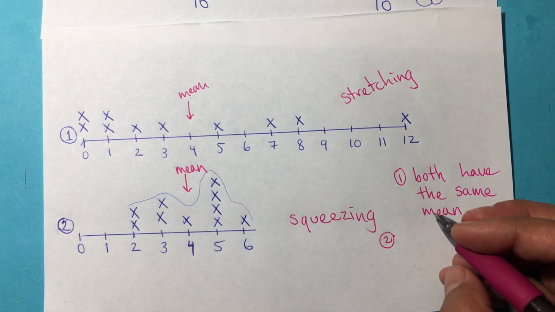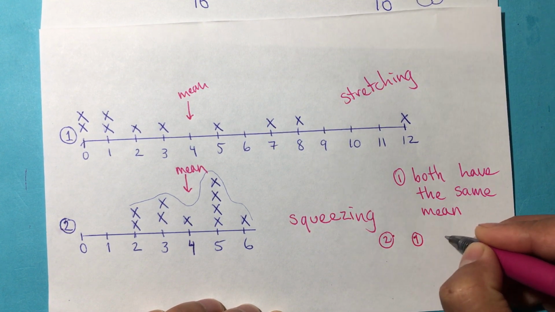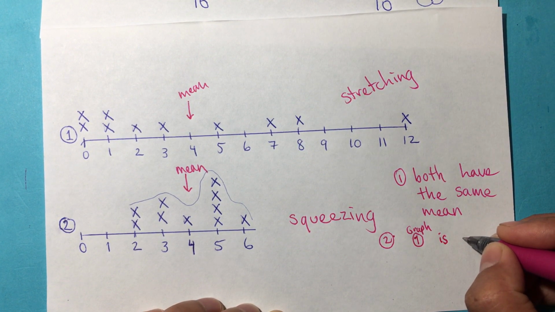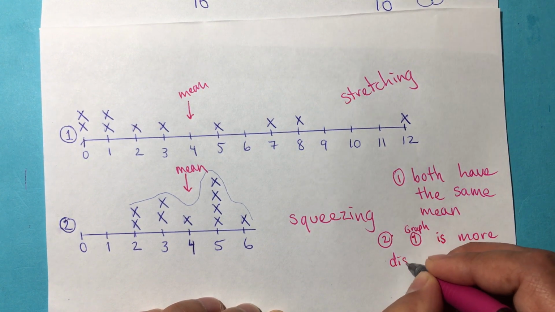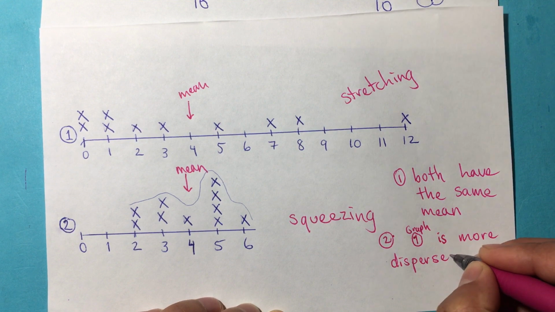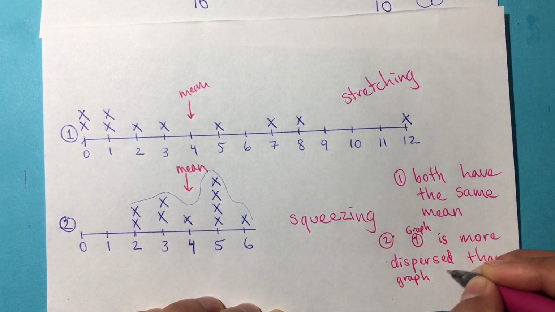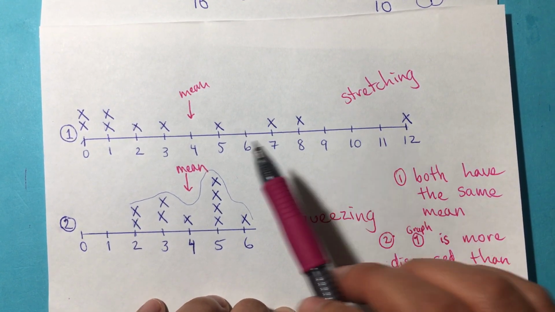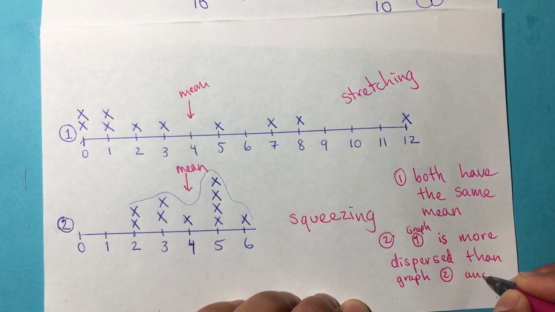I don't know if that makes sense, but so, graph 1, you can put here, graph 1 is more dispersed than graph 2, and each data point is farther away from the mean average. Okay.